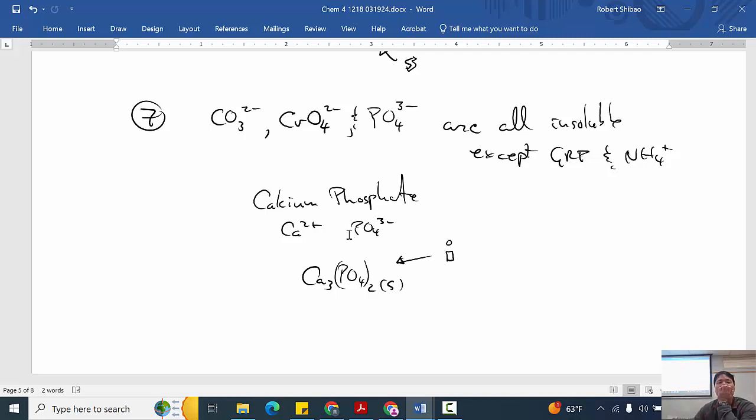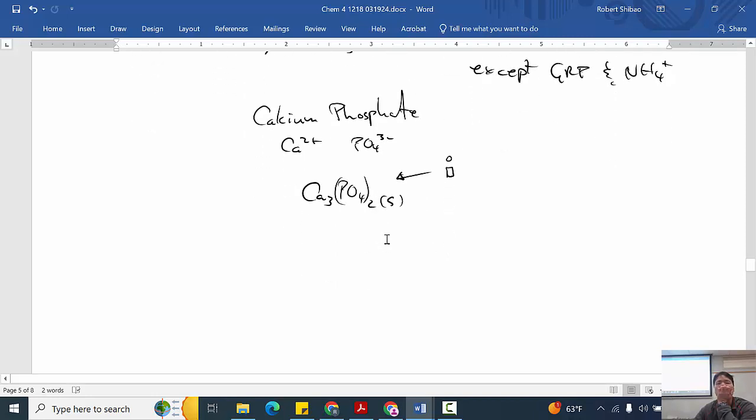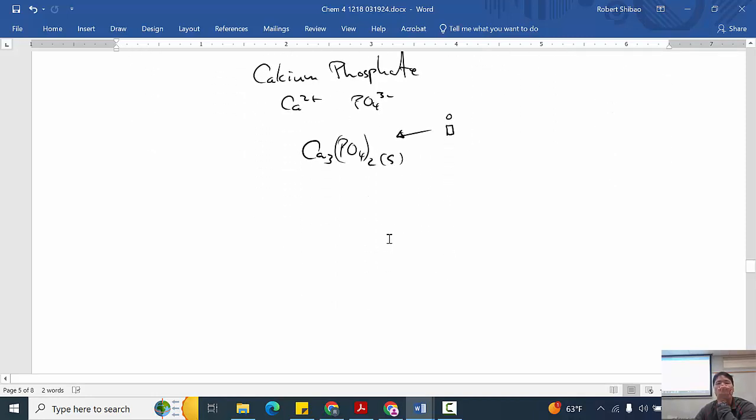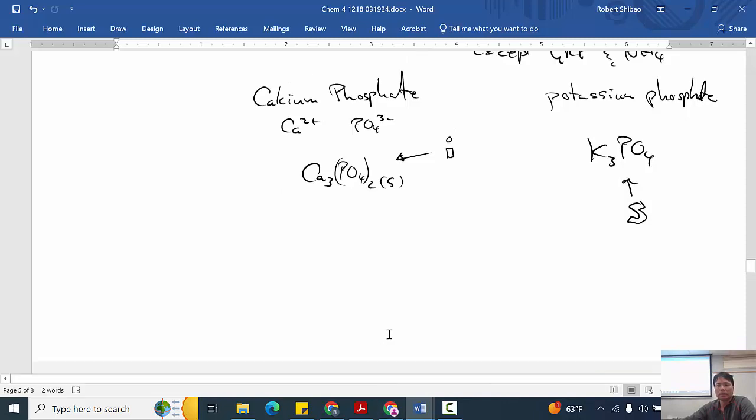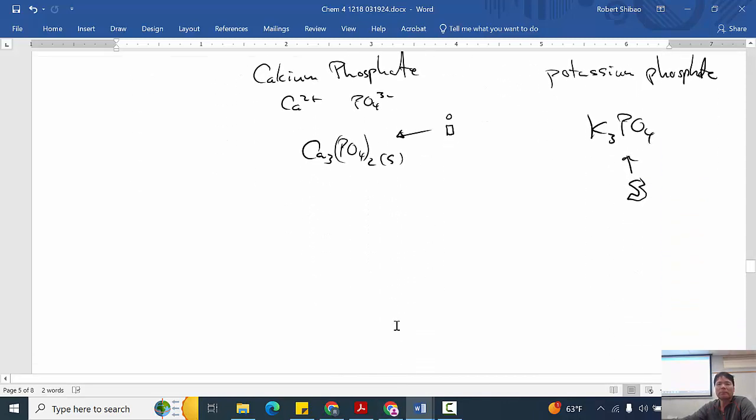Insoluble. What's the formula for potassium phosphate? Soluble or insoluble? Okay. So those are some solubility rules here.